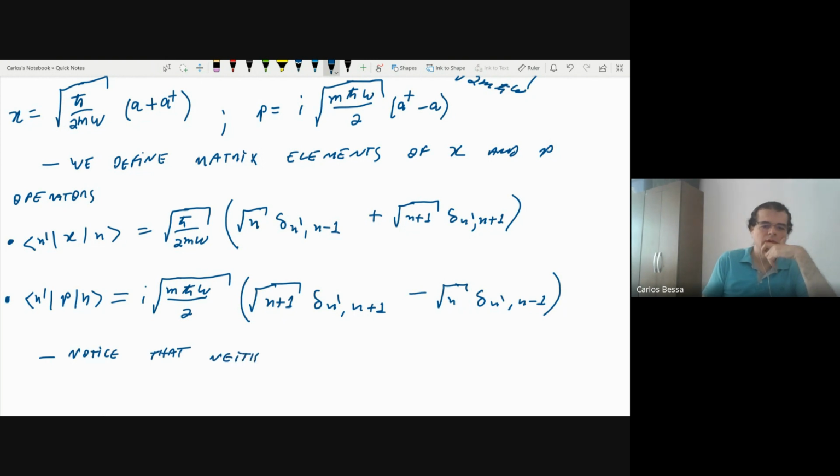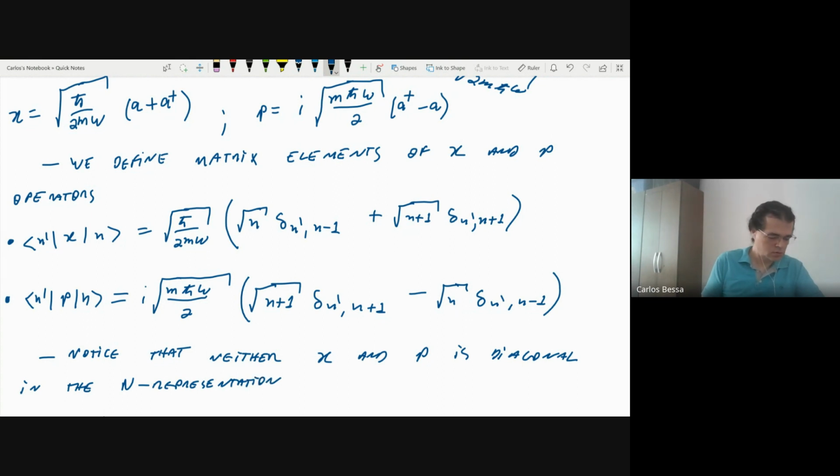Neither x nor p is diagonal in the n representation we are using.